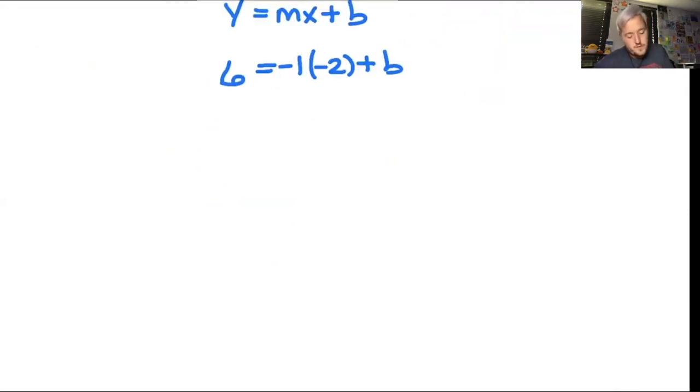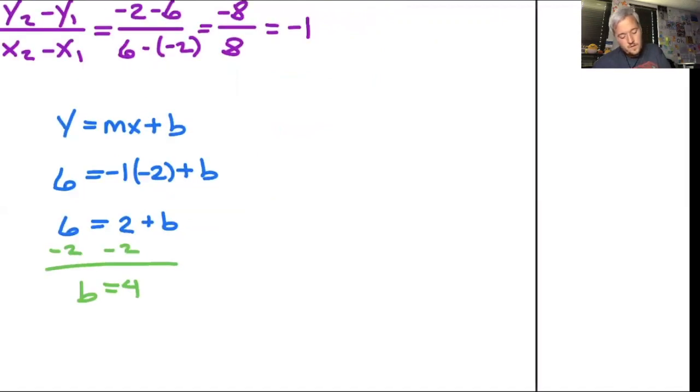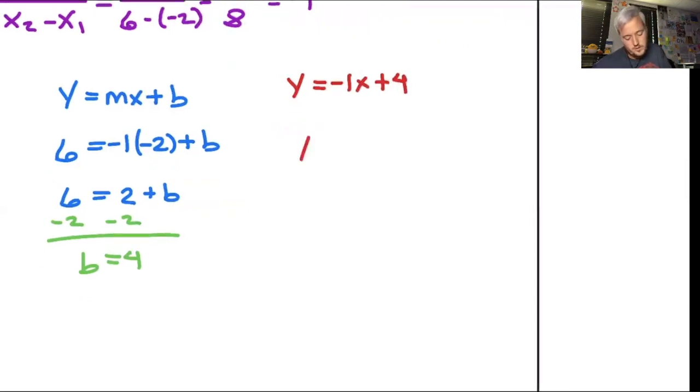So 6 equals -1 times -2, which gives you +2 plus b. Now I'm going to subtract 2 on both sides. So you're going to get a b value of 4. So now your equation is y equals -1x plus 4. You don't have to write that 1, so your equation here is just going to be y equals -x plus 4.